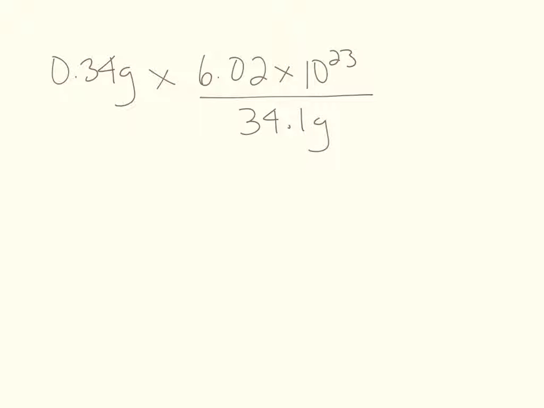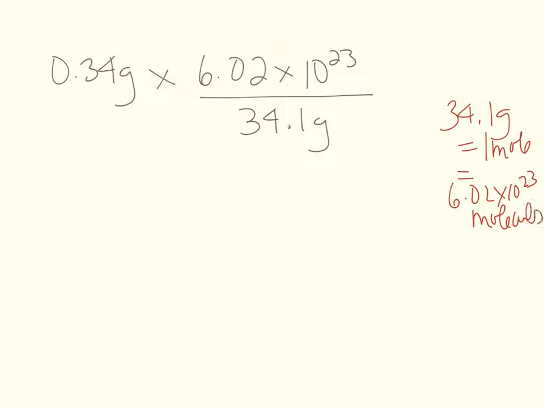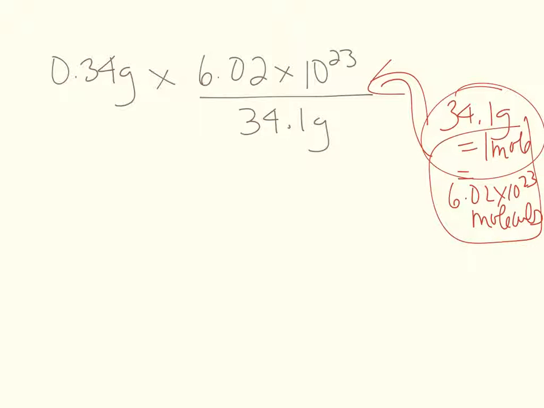The reason why we're doing this is, as we talked about before, 34.1 grams is equal to 1 mole, but 1 mole is equal to 6.02 times 10 to the 23 particles or molecules. So what we've done with this is create what is called a unit fraction.